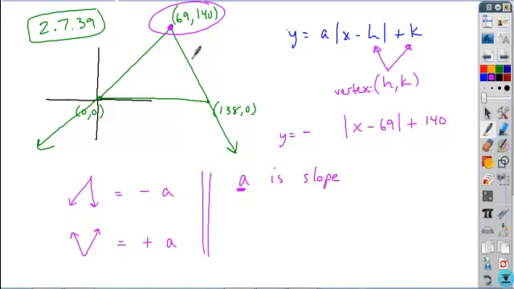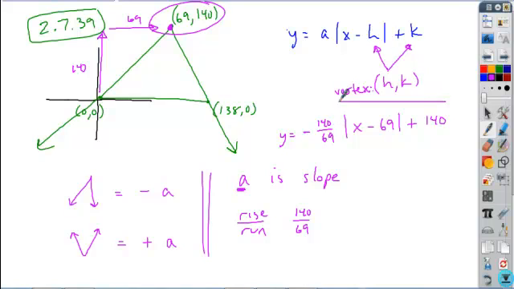All you need to worry about is rise over run. The easiest thing to do is to go from point 0, 0. This has a rise of what? 140, and a run of 69. So just put a rise of 140 over 69, and that gives you the whole equation to answer that question.